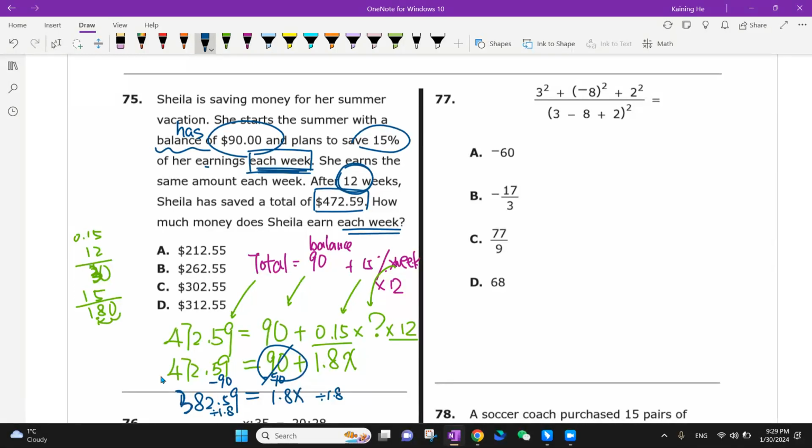So I have 382.59 divided by 1.8. To be fair, we can actually move the decimal together, one place over. So I have 3825.9 and then divide by 18. Oh, sorry, 18. So let's take a look at this one.